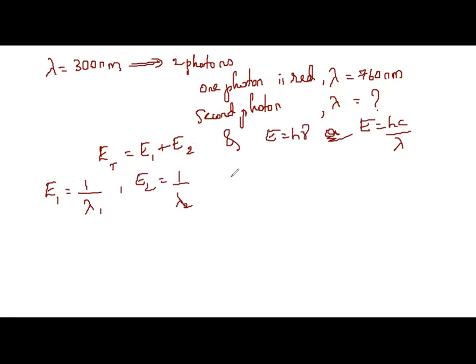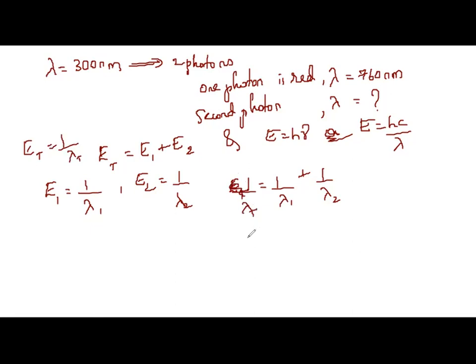So I can substitute: E total is equal to 1 by lambda total, the wavelength of the photon which was absorbed.